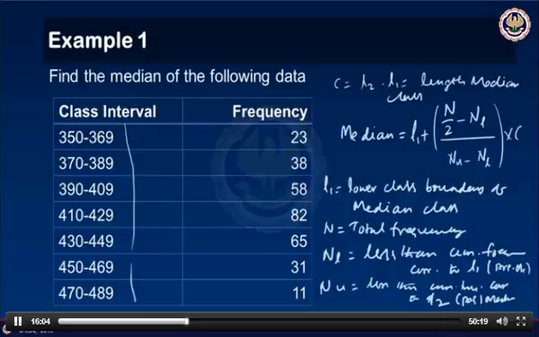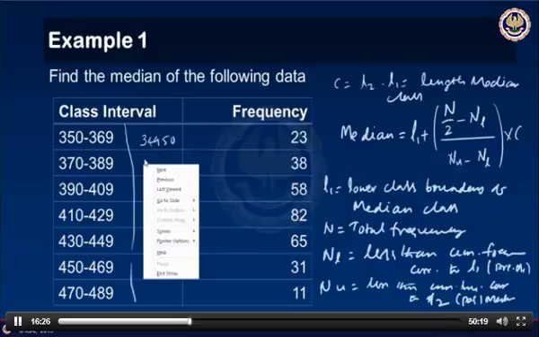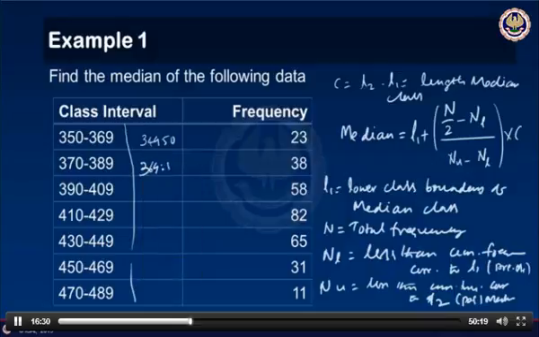Since the data is inclusive class intervals, we subtract 0.5 from the lower limit and add 0.5 to the upper limit. This gives 349.50, 369.50, 389.50, 409.50, 449.50, 469.50, 489.50. This is for the less than frequency distribution.